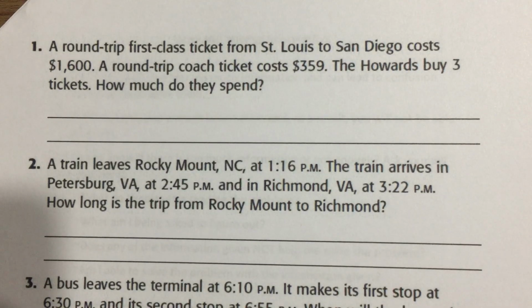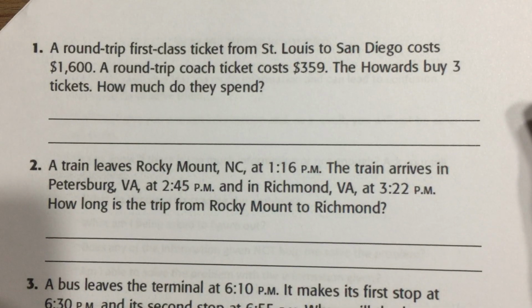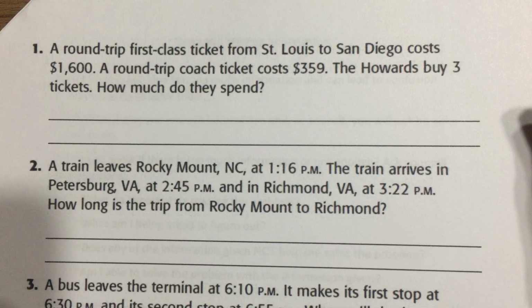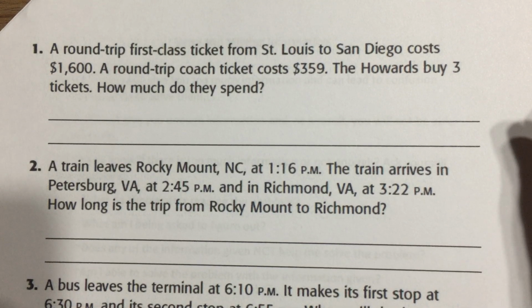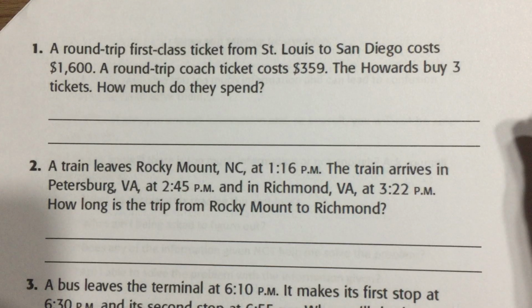These ones are completely unrelated. Okay, number 1, a round-trip first-class ticket from St. Louis to San Diego costs $1,600. A round-trip coach ticket costs $359. The Howards buy 3 tickets. How much do they spend? Now, this is a situation where we need to figure out, okay, what information is missing?